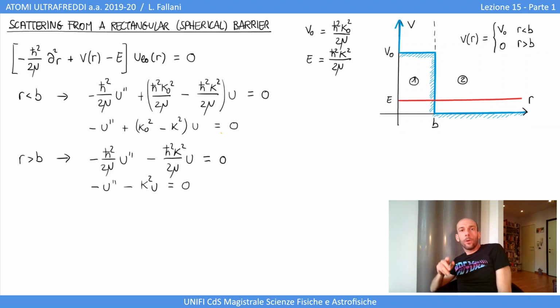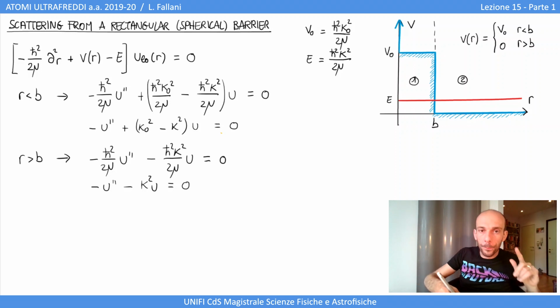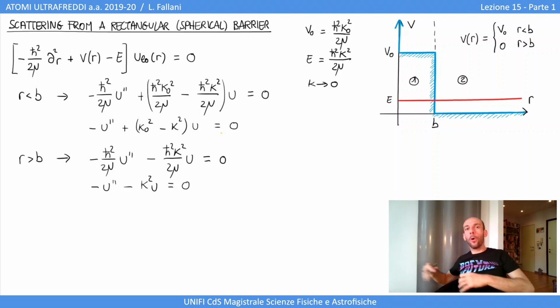And let me also recall that we are interested in solutions with positive energy. This is why I have written this energy as h bar squared k squared divided by 2 mu. And in particular then, since we are interested in the low energy solution, we will take the limit of k that goes to 0. But we will consider this limit only in the final solution.